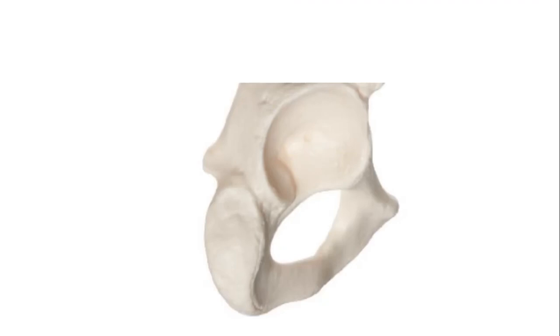this dorsal surface has a bony prominence known as the ischial tuberosity.